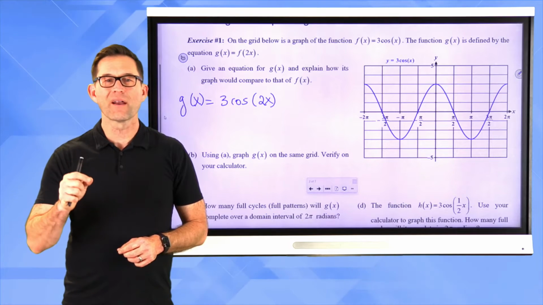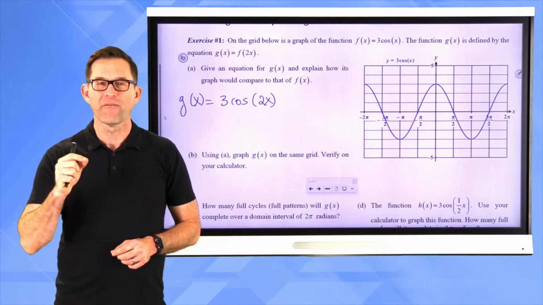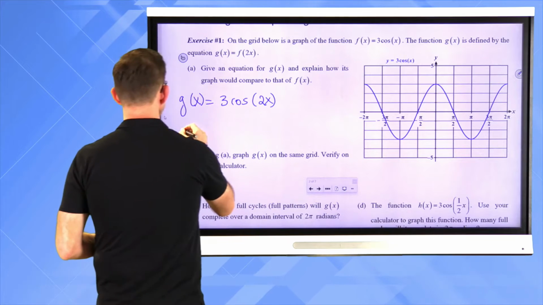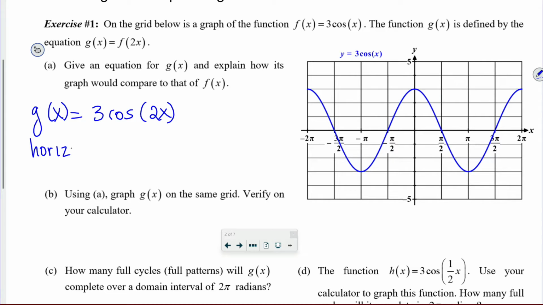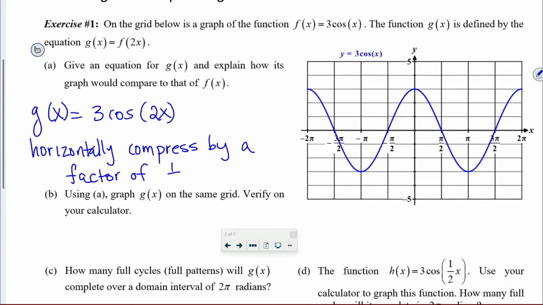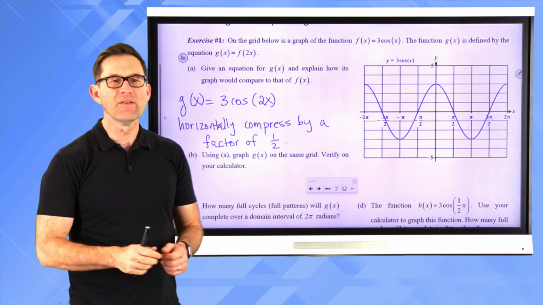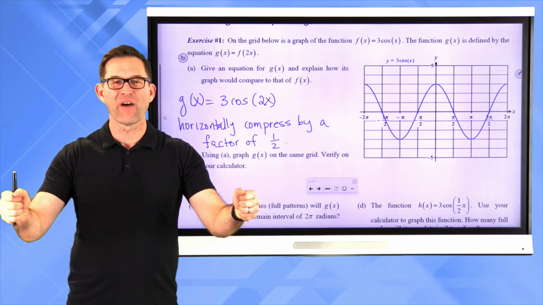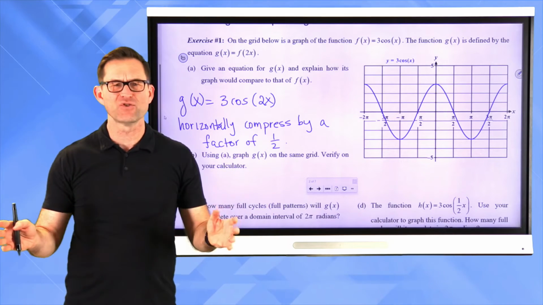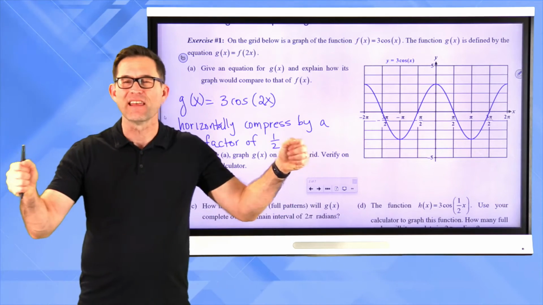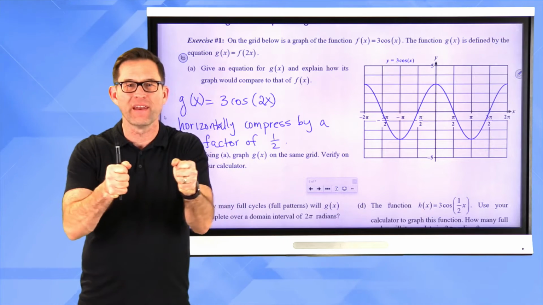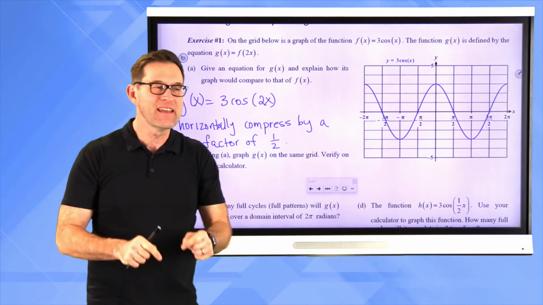We're going to horizontally compress it by a factor of 1/2, right? So it feels like we should be stretching it out by a factor of 2. Oh, we multiply x by 2. But that actually takes the entire graph and it kind of accordions it in. Let's see how that's going to look.